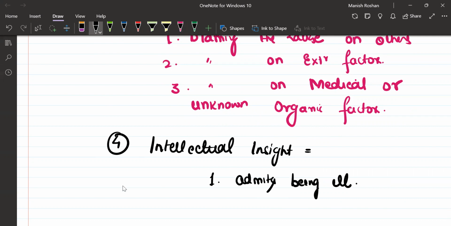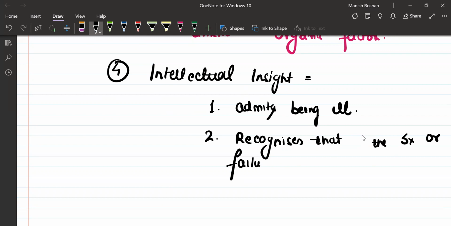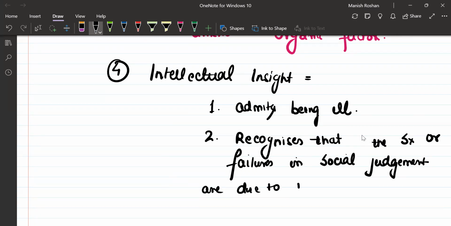Number two, it recognizes that the symptoms or failures in social judgment are due to irrational feelings or disturbances.